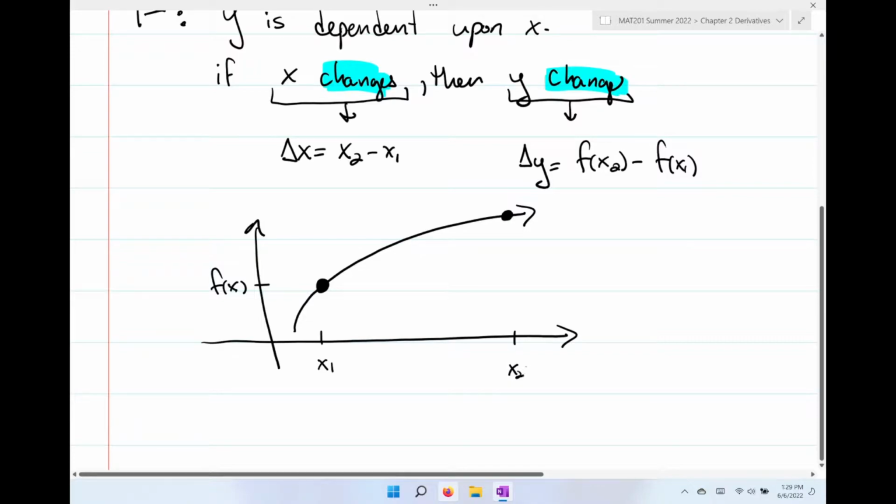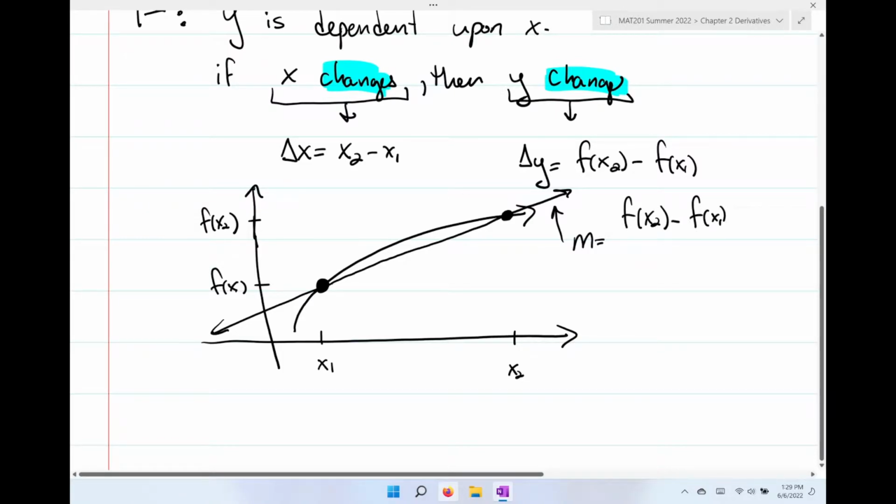That's going to be x2, which makes this, let me extend this a little bit, that f of x2. We know that if we were to connect these dots, we could find the slope of that line by taking f of x2 minus f of x1 all over x2 minus x1.